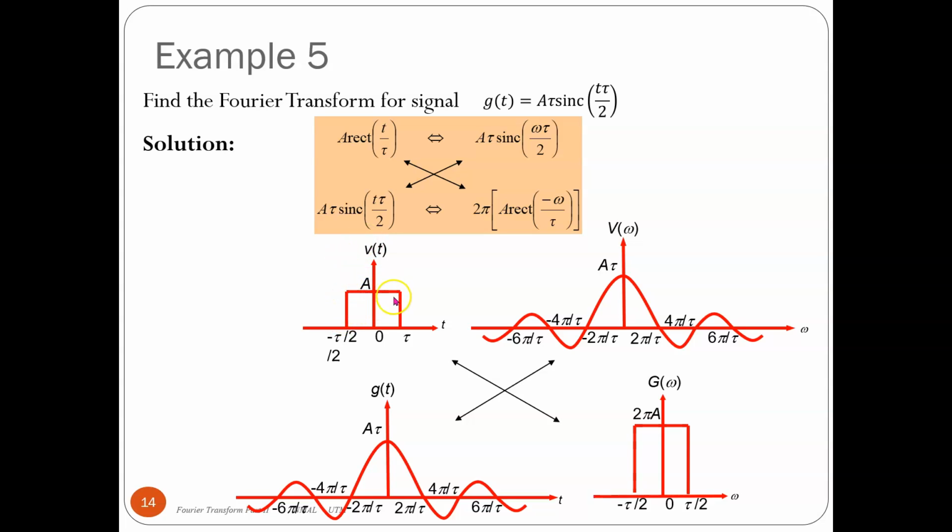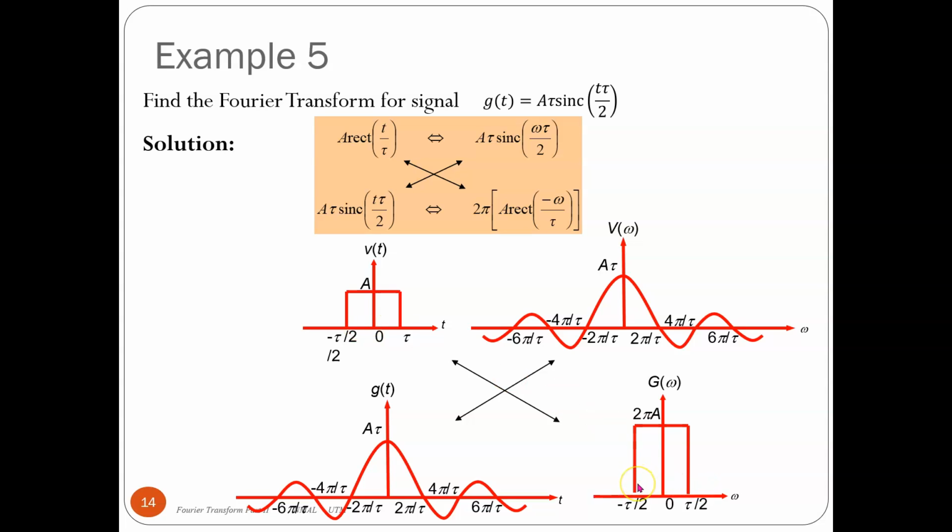If we have v(t) as the rectangular signal, the Fourier transform is a sinc function. However, when we want to find the Fourier transform for the sinc function in time domain, which has the same magnitude A tau as the Fourier transform for the time domain function, we know that the Fourier transform must be in terms of a rectangular function.